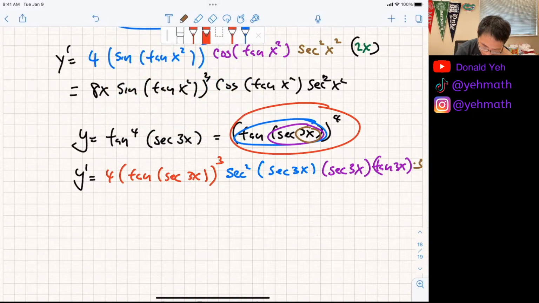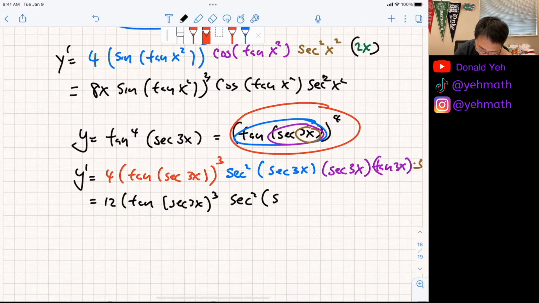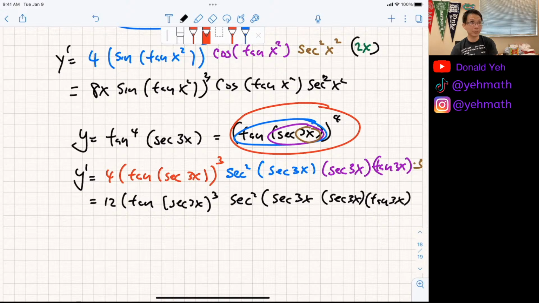And that's equal to, no, that's a very common mistake. It's okay. 12 tangent of secant of 3x to the 3 times secant squared of secant of 3x times secant of 3x tangent of 3x. And 12 is in the front because 3 times 4 is 12.